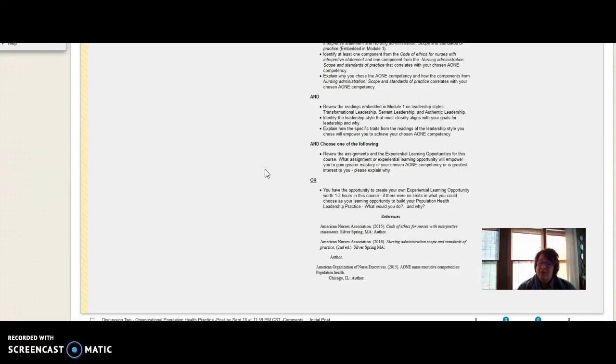So you can choose to look at what particular defined assignment or opportunity you want to focus on, or if the sky was the limit, you can actually start thinking about what you would do for your learning experience.